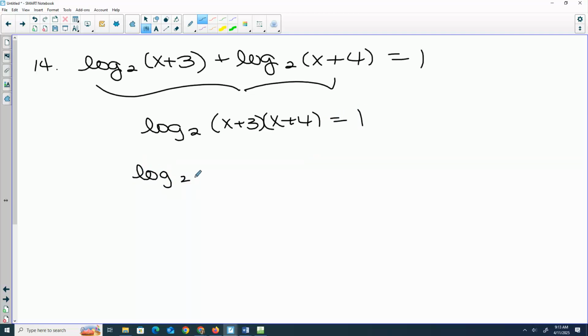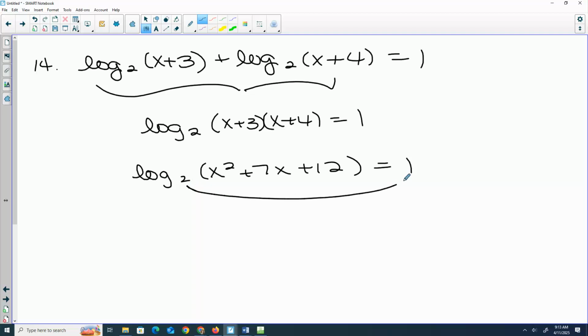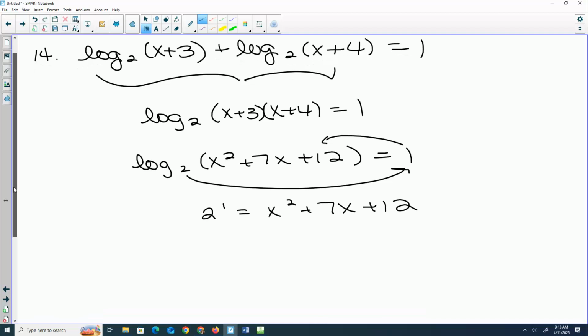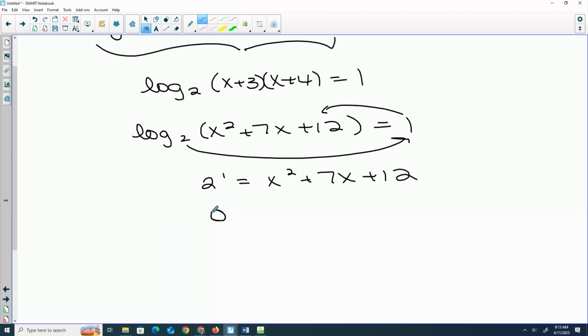So that gives me x squared plus 7x plus 12. Now, since the log is on one side, we go to exponential form. So 2 to the first equals x squared plus 7x plus 12. 2 to the first is just 2, so we can subtract that over.